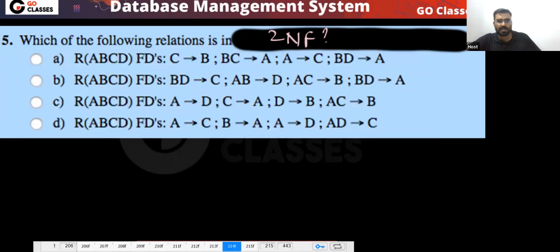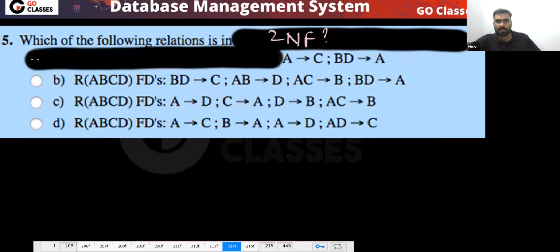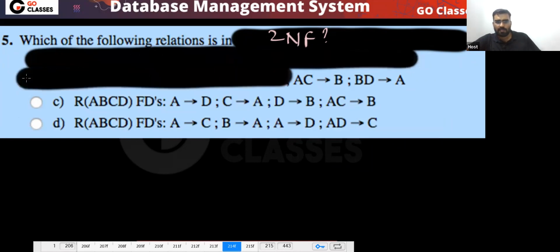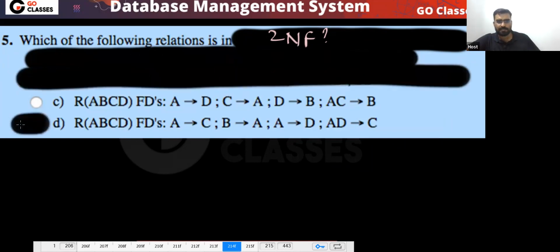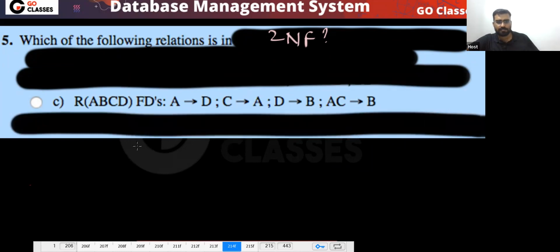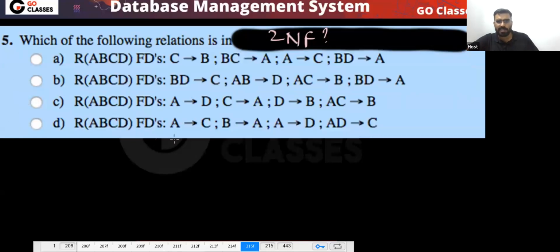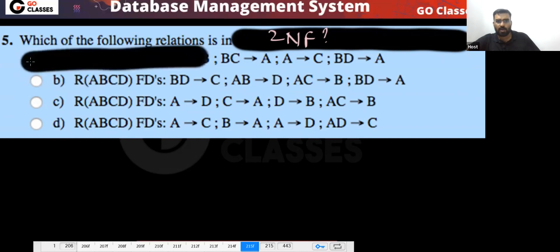Next, what about option C? I think this is already done. This is also in 2NF, right? Okay, what about option D?